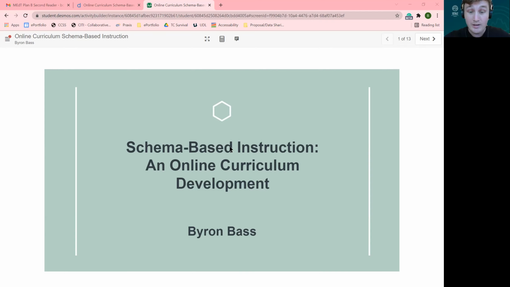I had to make an online curriculum as part of my Plan B, so I adapted schema-based instruction so that it can be implemented in an online setting. The program that I used to do this was Desmos. So I'm actually using Desmos to give this presentation. Then I'm going to show how I altered it in the online setting, but also just talk about schema-based instruction in general. So let's go ahead and get started.